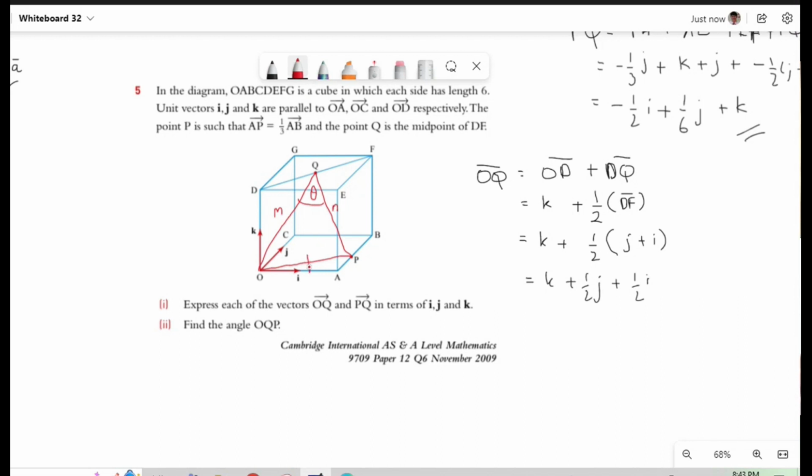Let's name the triangle O, Q, and P. If you want to use the first way, which is using the cosine rule, we can use this triangle OQP with the angle at Q. And theta is the angle that we need to find.